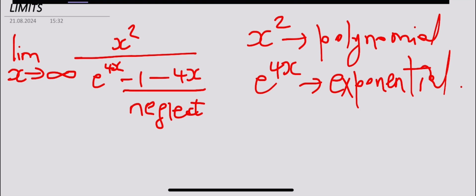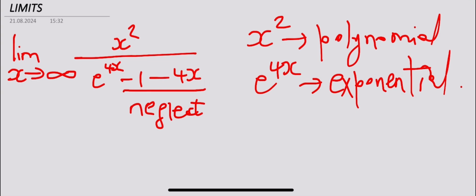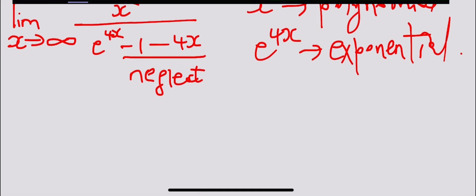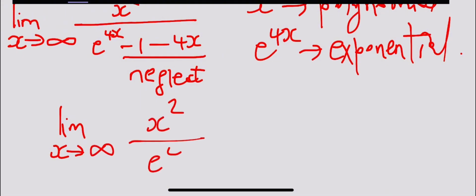If we do that, the denominator for larger x can be approximated as e to the 4x. We can now rewrite the denominator as e to the 4x if we neglect -1 and -4x. Now the new limit in our problem is going to be the limit as x goes to infinity of x squared divided by e to the 4x.